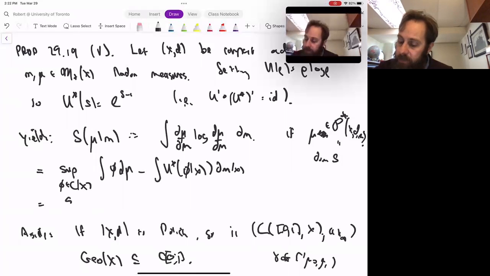And I could also take the supremum over L infinity functions, bounded measurable functions.